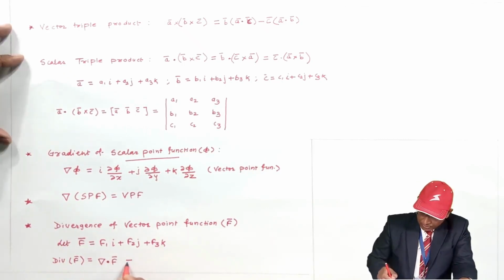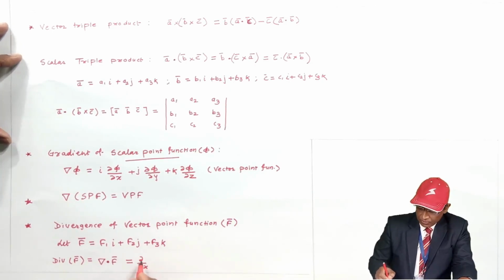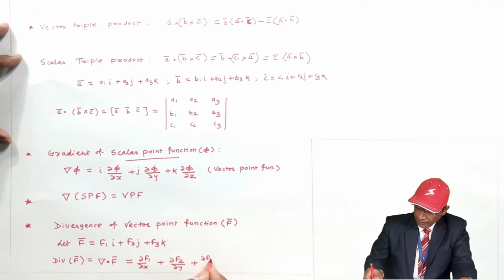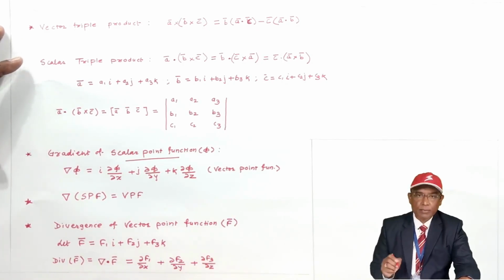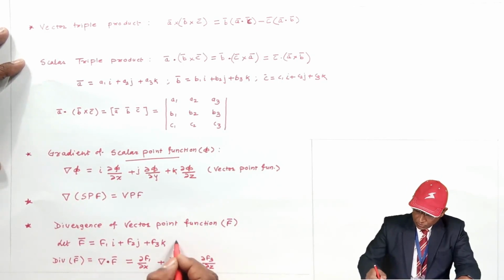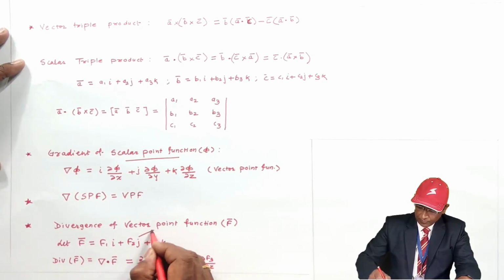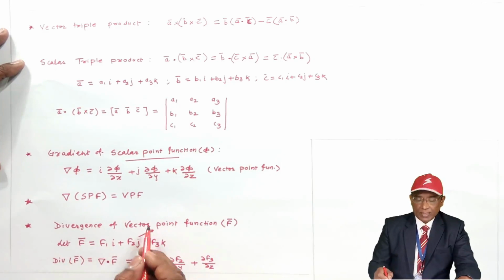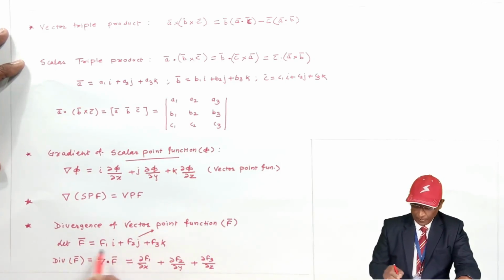The del dot of f bar, how do you find it? It is partial derivative with respect to x of f1, the coefficient of i, plus del f2 by del y, plus del f3 by del z. See, if you look at it very carefully, f bar is a vector point function and ijk are present.